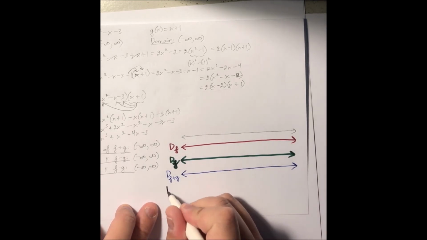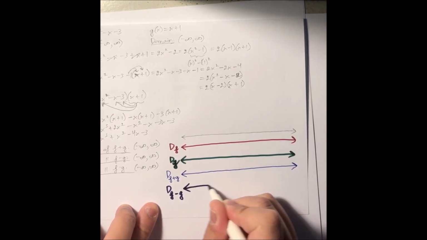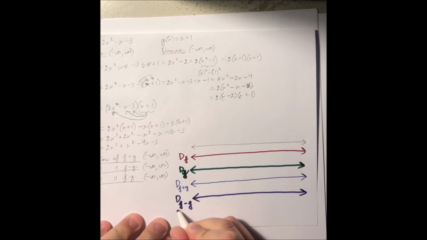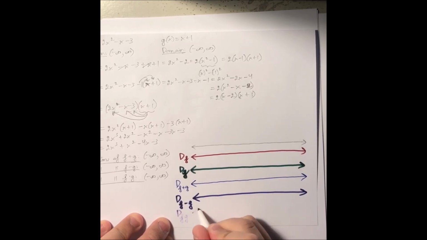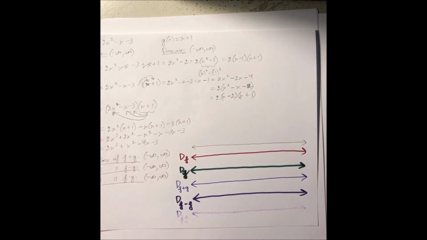So the domain of the difference is also all real numbers. And of course, by the same reasoning, the domain of the product is also going to be all x values in common, which are from negative infinity to positive infinity, like that.